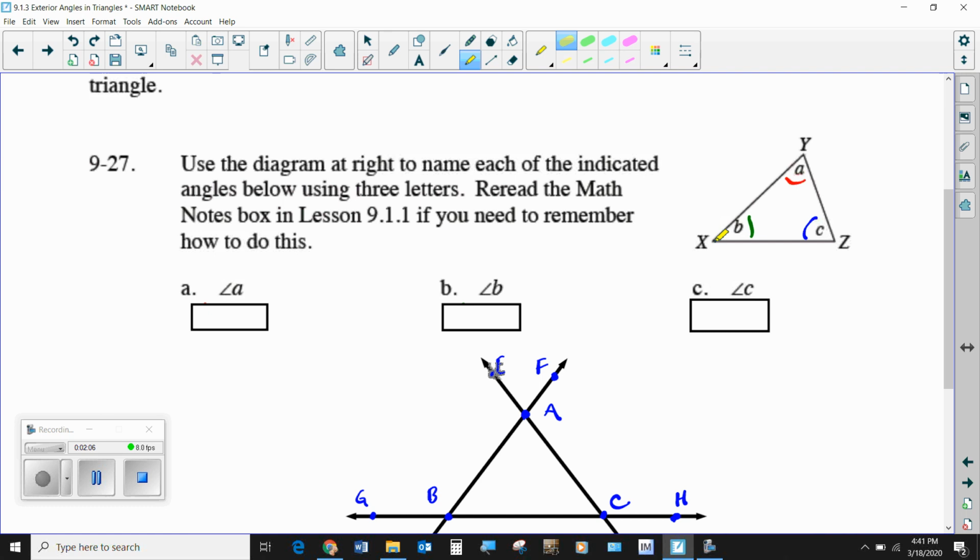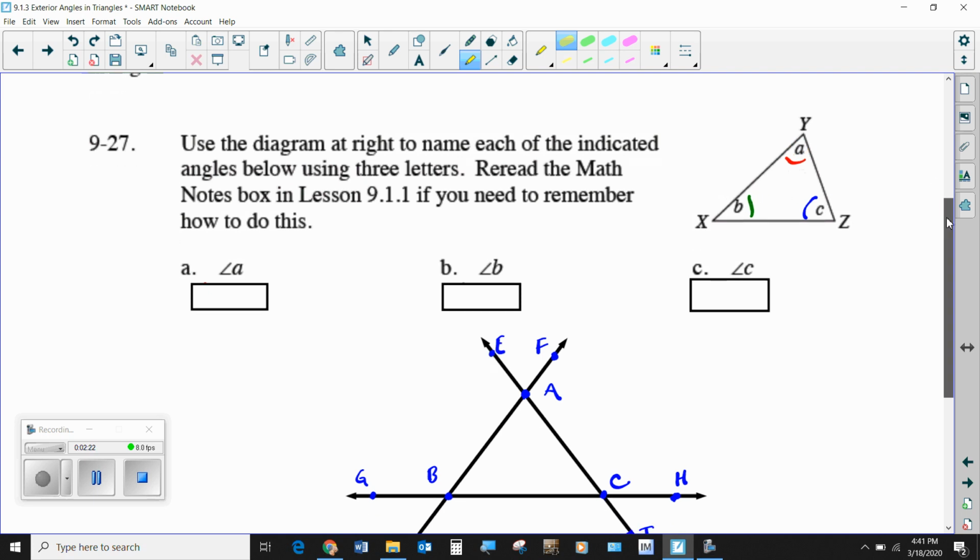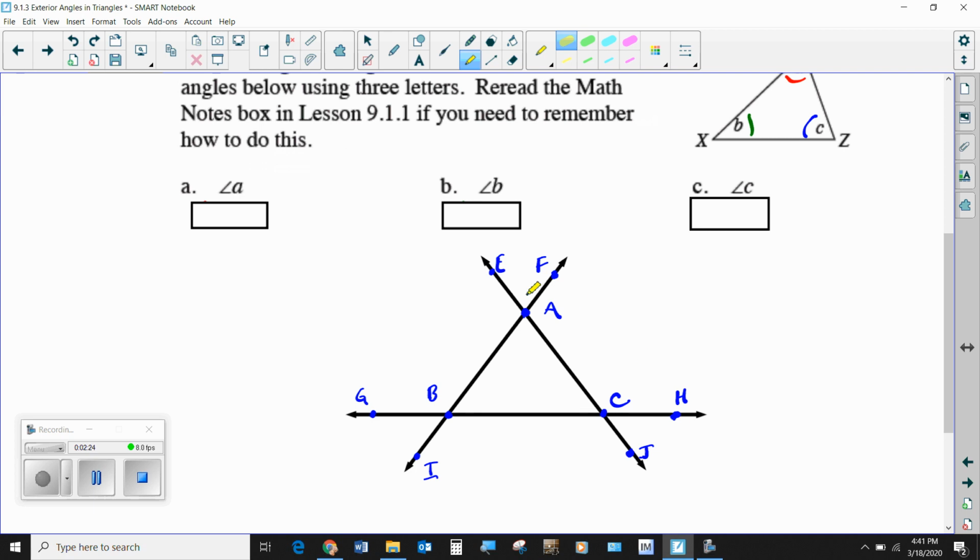If you look at this triangle here, notice the vertices of the triangle are X, Y, and Z, and the angles on the inside are designated as A, B, and C. When you've got a triangle like this, you could just call this angle A, this angle B, and this angle C. But as you can see from my figure, if you've got multiple angles that come out of an intersection point, I can't just call one of these angles angle A. There's got to be a more specific way to determine which one is angle A.